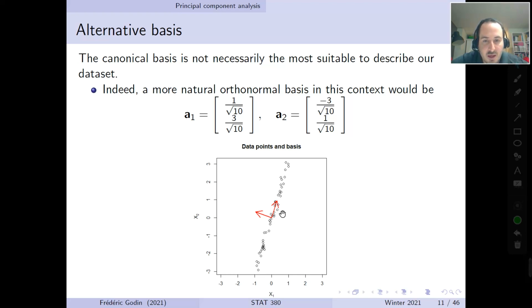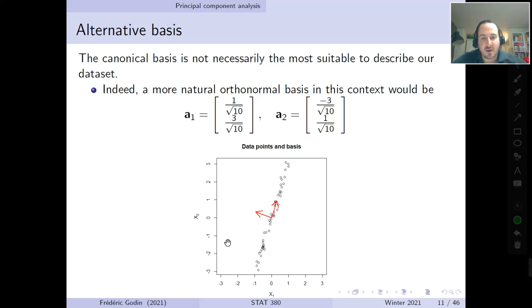The location of the points along the first vector a1 can very well summarize the location of the point, and the coordinate on the second axis, which is orthogonal to the first one, is very negligible, so we might be able to neglect it and still have a very good representation of each of the data points.